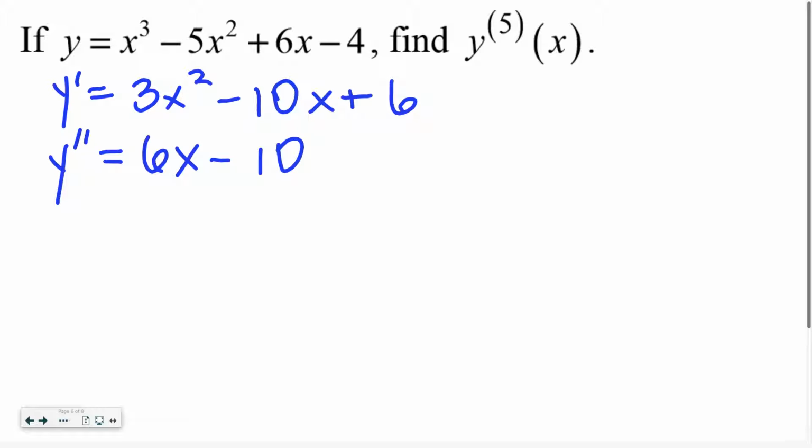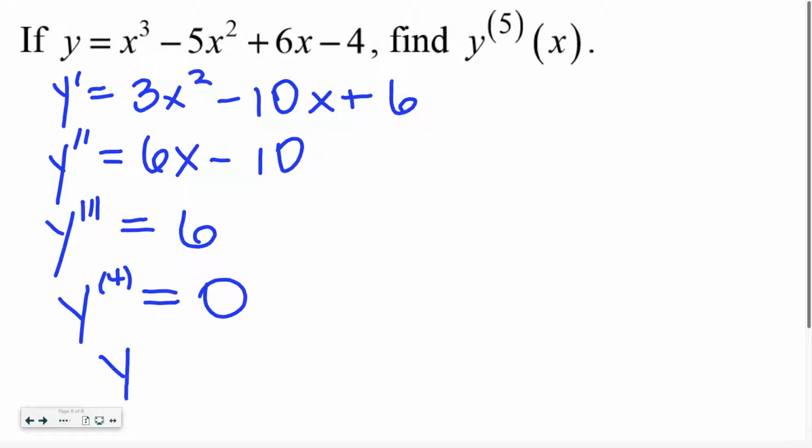The third derivative would then be 6. And our fourth derivative, which means our fifth derivative, would be 0. Was it necessary for me to write all of that down? No, because we have a cubic function. By the time we take 3 derivatives, we're getting to a constant, to where our fourth derivative is 0. Our fifth derivative is also 0. Okay?